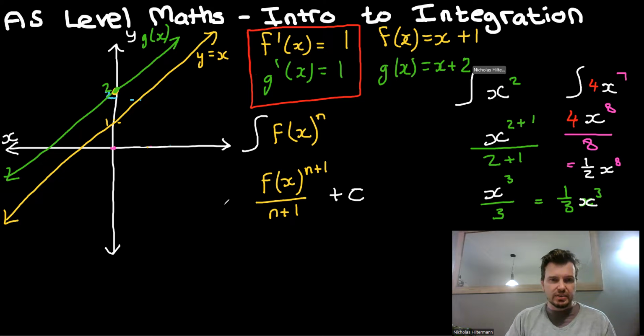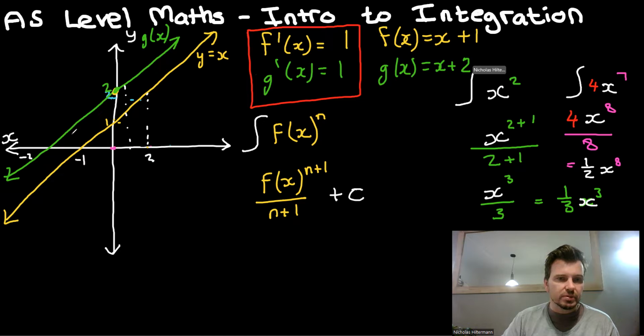And it's difficult when we are finding the area under a graph, because, as I say, the C we don't necessarily know. So the area under these graphs, if I was to go from, say, -1 to 2, would be the same as if I went from -2 to 1, right?